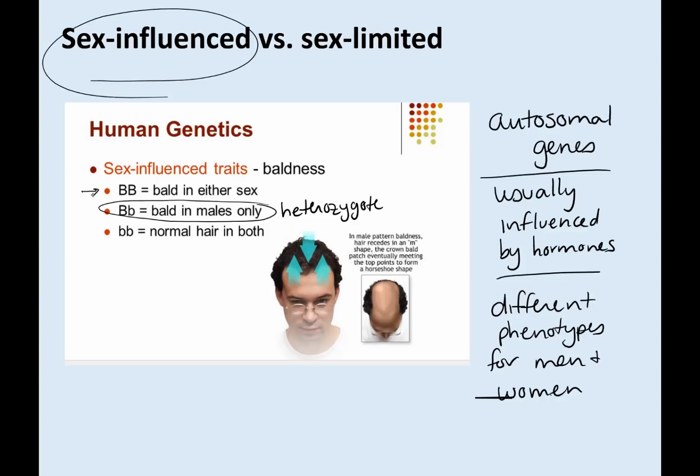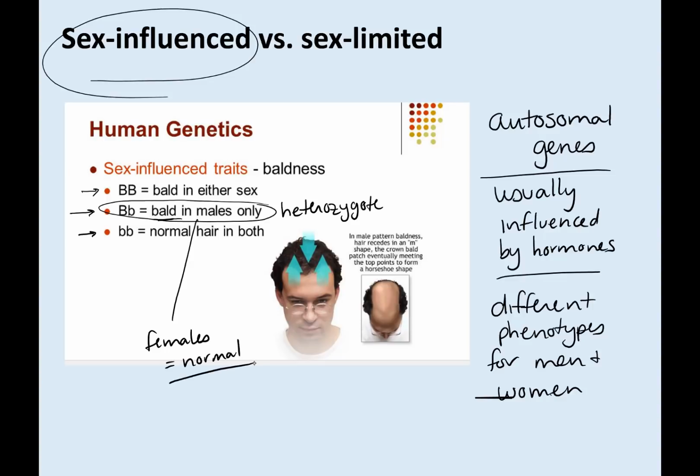So in this case, baldness. If you are dominant for the bald, homozygous dominant, you will be bald in either sex. So men will lose their hair, women will have hair falling out, very thin hair. And if you're homozygous recessive, in both sexes you have normal hair. But in this sex influenced trait, a heterozygote will be bald in males only, and females will be normal.